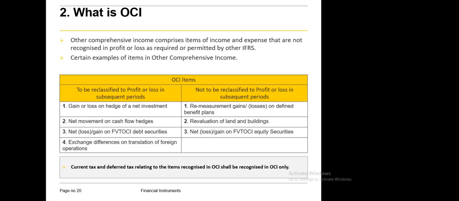Earlier we used to have only a profit and loss account, so now other comprehensive income is an extension of your P&L. Schedule 2 has prescribed what items can be reclassified to P&L and what items cannot. Reclassification to P&L means they will move from OCI to P&L. And the items which cannot be reclassified cannot be moved from OCI to P&L. They will remain in OCI itself.